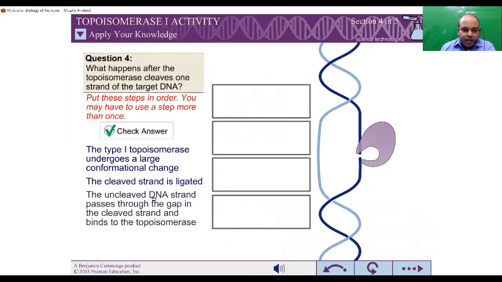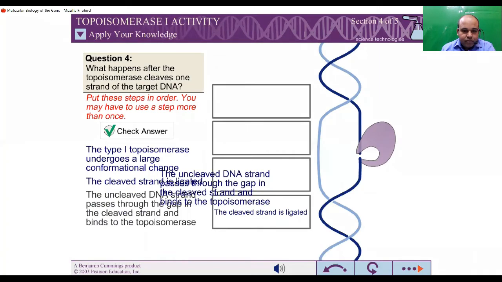Okay, the uncut DNA strand passes through the gap in the cleaved strand and binds to topoisomerase. The cleaved strand is ligated. See, the cleaved strand is always ligated at the end. Okay, the type 1 topoisomerase undergoes a large conformational change. Yes, the type 1 topoisomerase undergoes a large conformational change. The uncleaved DNA strand passes through the gap in the cleaved strand and binds to topoisomerase.